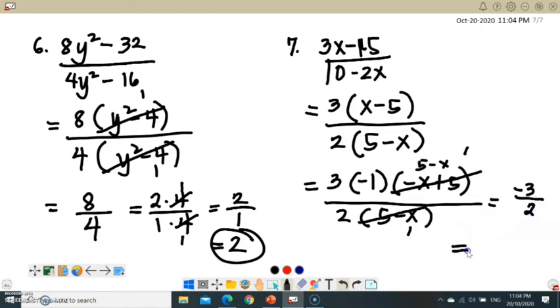Then, if you simplify 3x minus 15 over 10 minus 2x, that is equal to negative 3 halves. Can you follow? Okay, let's try another one. Number 8.